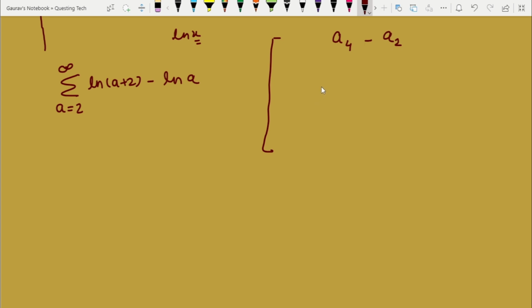We are starting from 2. This is a of 5 minus a of 3, minus a of 4, so this is minus a of 6. Till now we are going to give n as the final, and this n is tending to infinity.